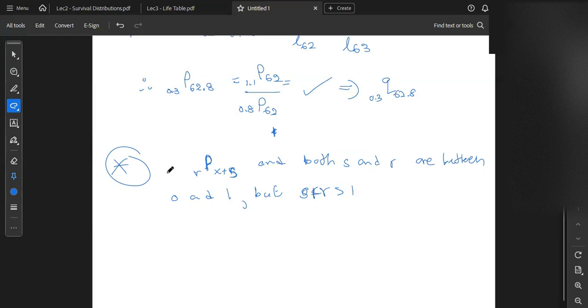If this occurs, then we can write this probability like x2 S plus R and x2 S. So you can see x2 S and x2 S plus R.